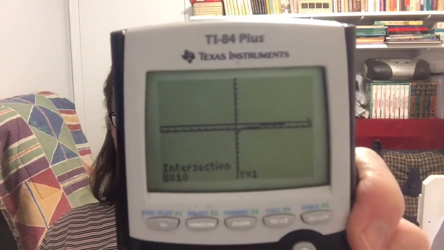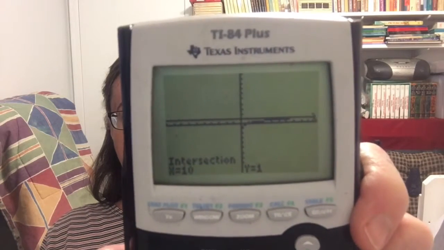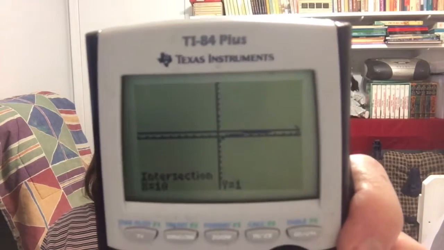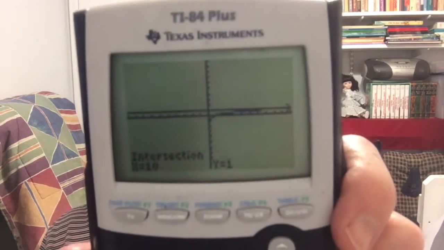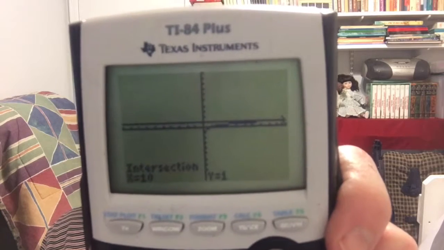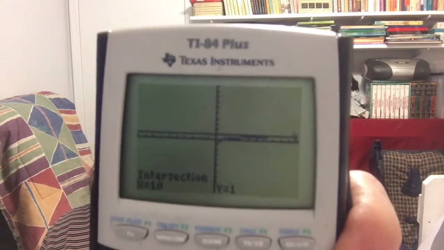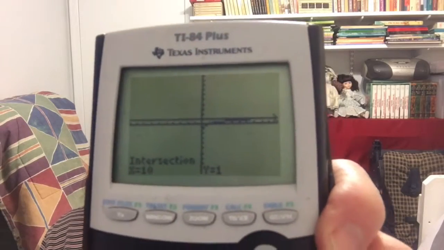And it tells me that the intersection is at (10, 1), which is exactly what I knew. But basically, the answer they wanted was to graph them both on the same set of axes and then find the point of intersection, which we did. Hopefully you're getting used to using your calculator to help you solve problems.